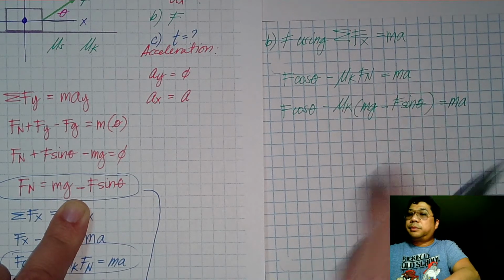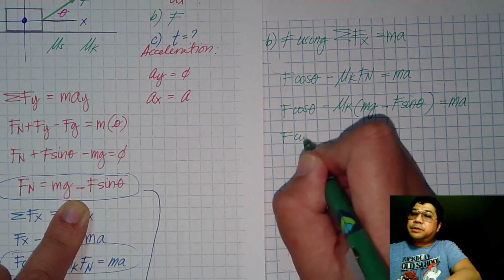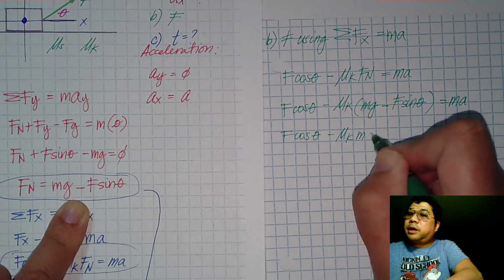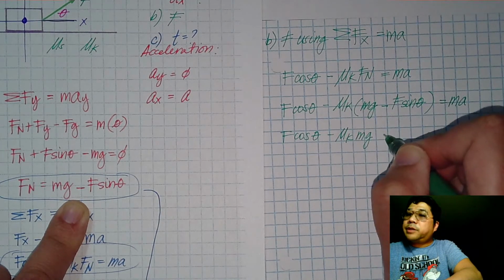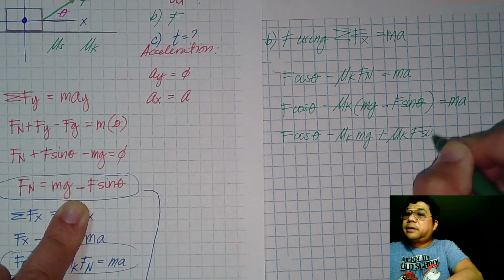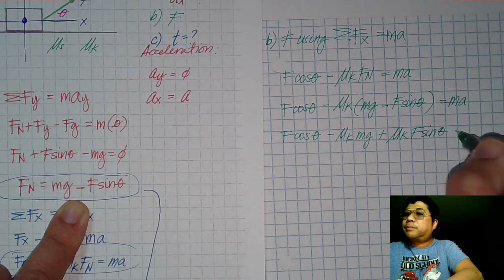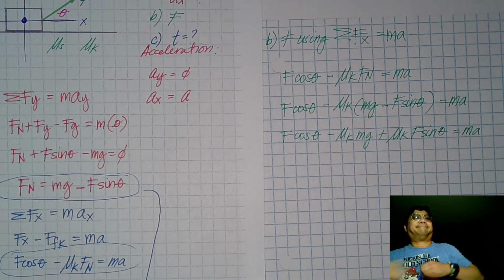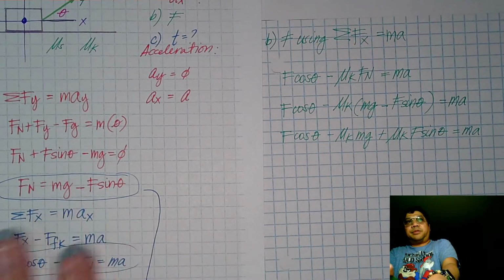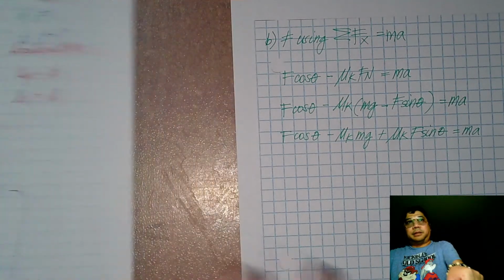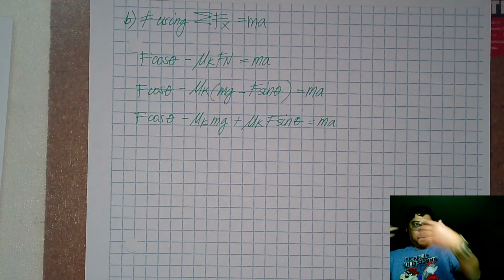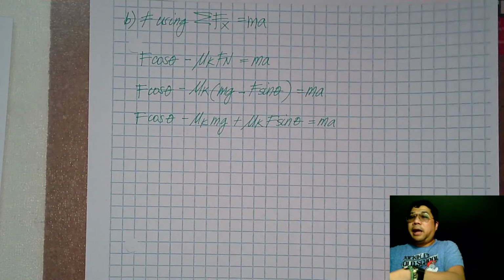Again, distribute. So that is F cosine theta minus mu k mg. Negative times negative will give us positive mu k F sine theta equals mass times acceleration. Since we have already plugged in most of the values from the previous sheet, I will just use this so no one gets confused, and you can see my handwriting.